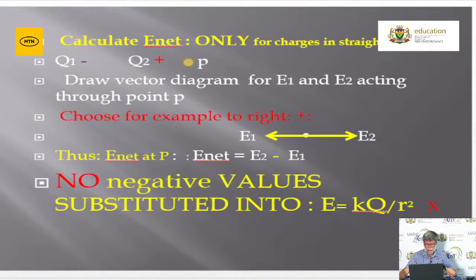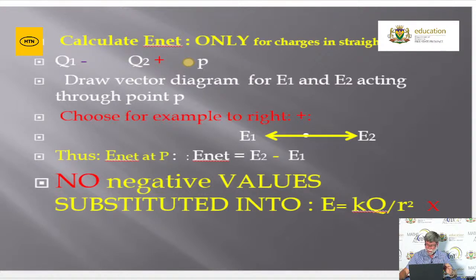Now again, I've really highlighted it: no negative values substituted for Q into the formula E equals kQ over r squared. It's the magnitude of the charge and not whether it is a positive or a negative charge. You use a force diagram to indicate the direction and the final answer.